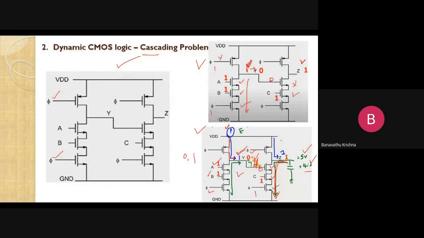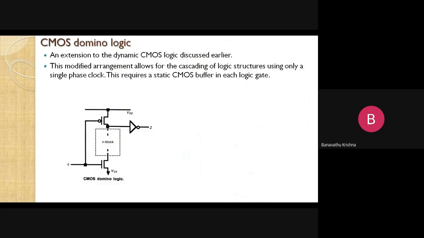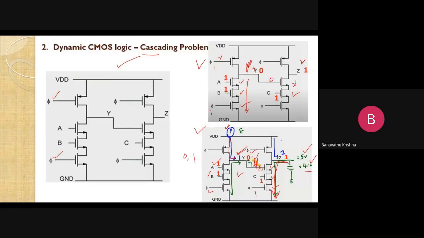So for this drawback, I want to go with another technique, that is CMOS domino logic. What is the time-consuming process here? I simply need to change the logic like this, logic 1 to logic 0, and the yellow formation is seen like this.